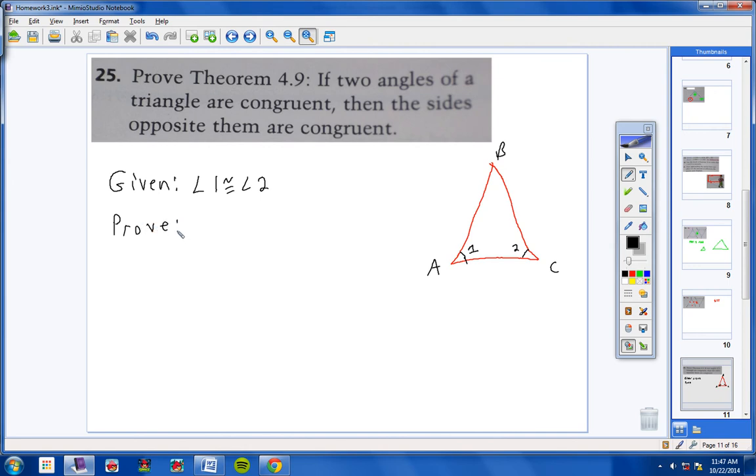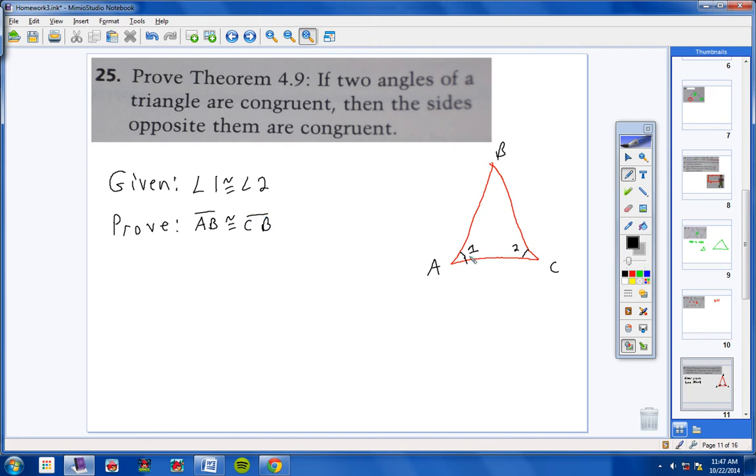So I'm going to prove that the sides opposite them are congruent. So the side opposite A is BC, and the side opposite C is AB. So I'm going to prove that AB is congruent to CB. Okay, there we go.